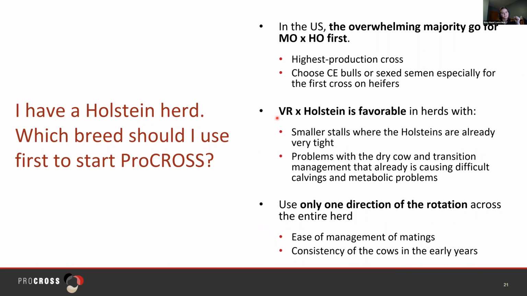Really, these types of crossbreds are very consistent within each other, but they're different from each other, if that makes sense. So within cross variation is low, between cross variation is somewhat high. So if we do it in one direction, we get more consistency within our cow herd during those early generations.